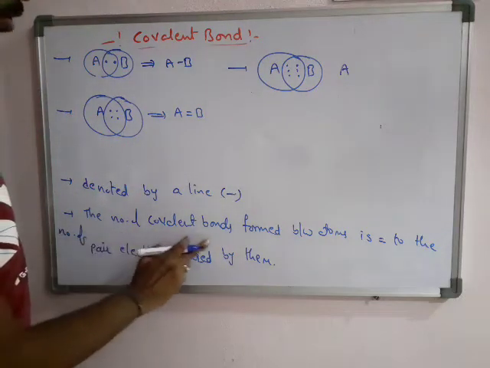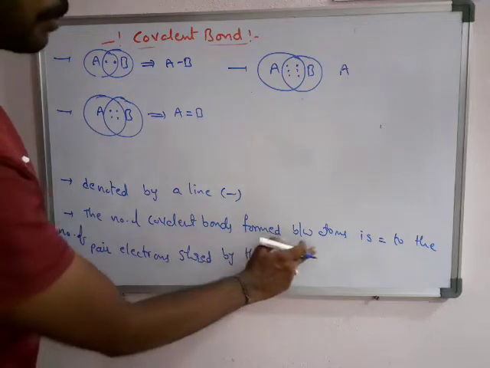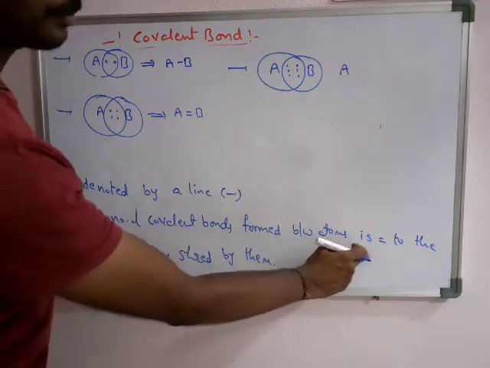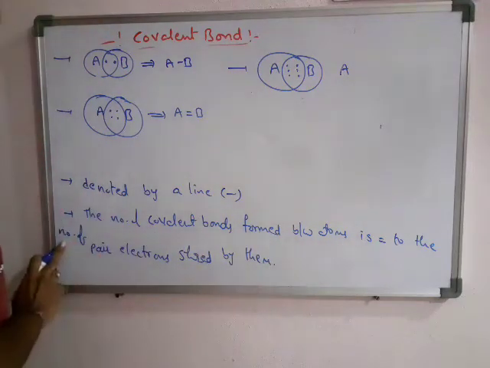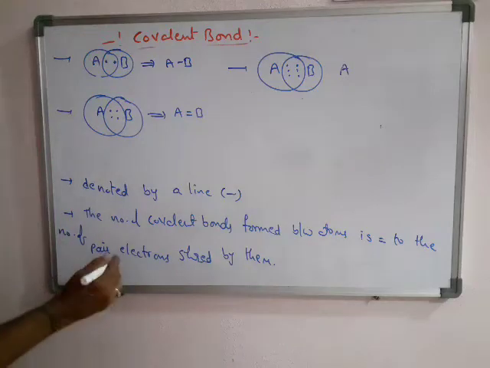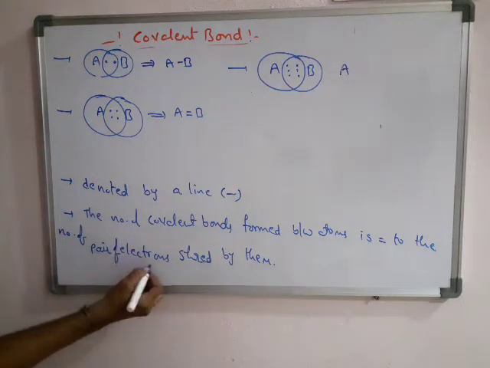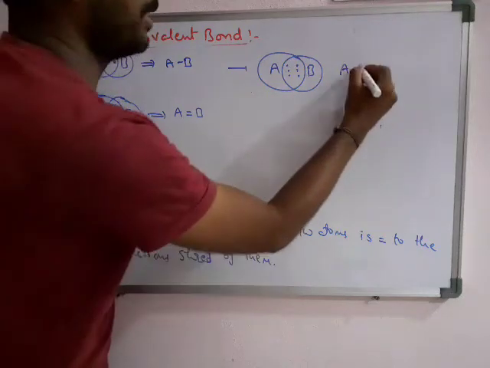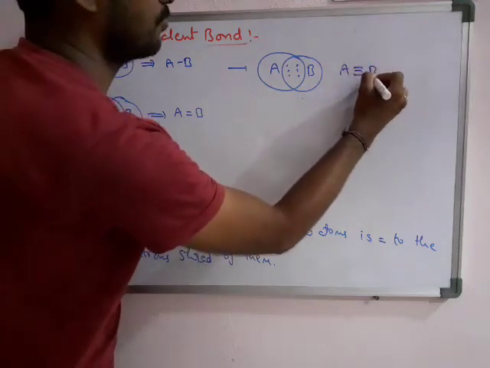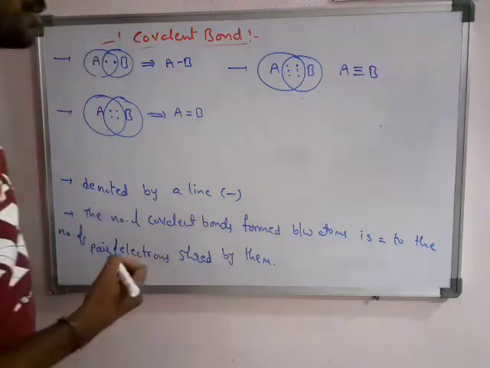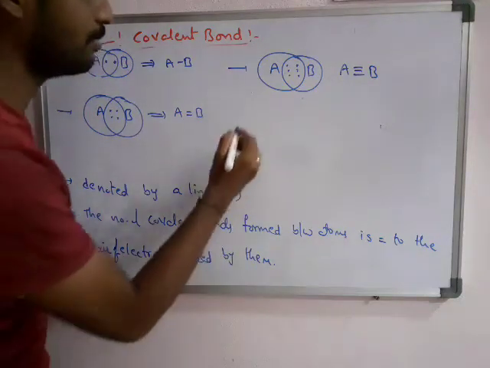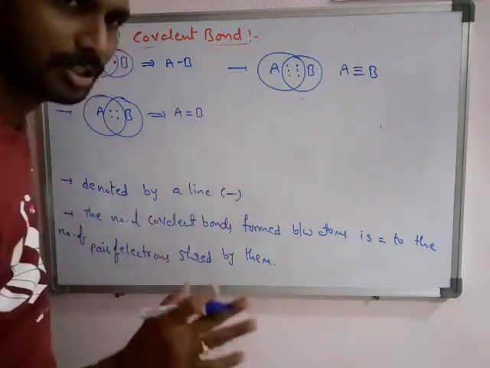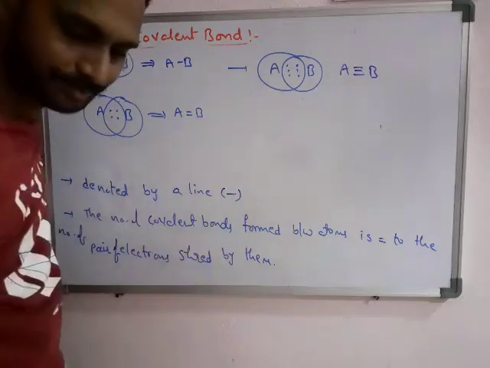The number of covalent bonds formed between atoms is equal to the number of pairs of electrons shared by them. Here 3 pairs of electrons shared means a triple bond is formed. So according to this covalent bond theory, the maximum number of bonds between two atoms is 3.